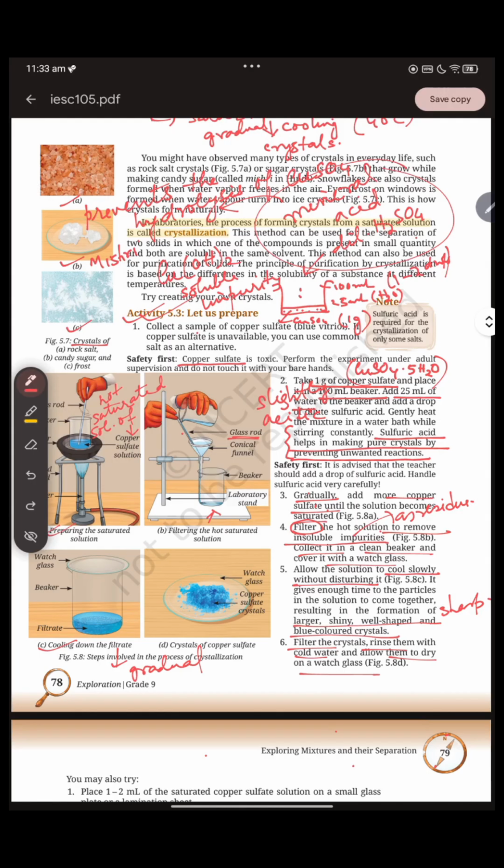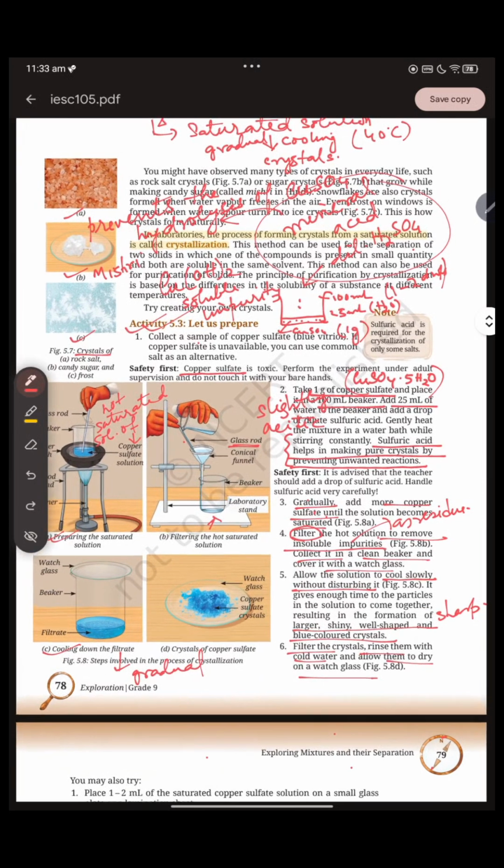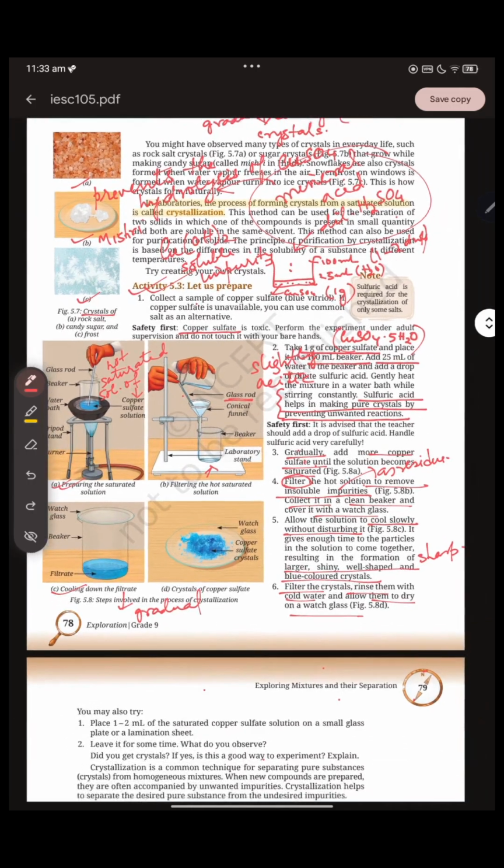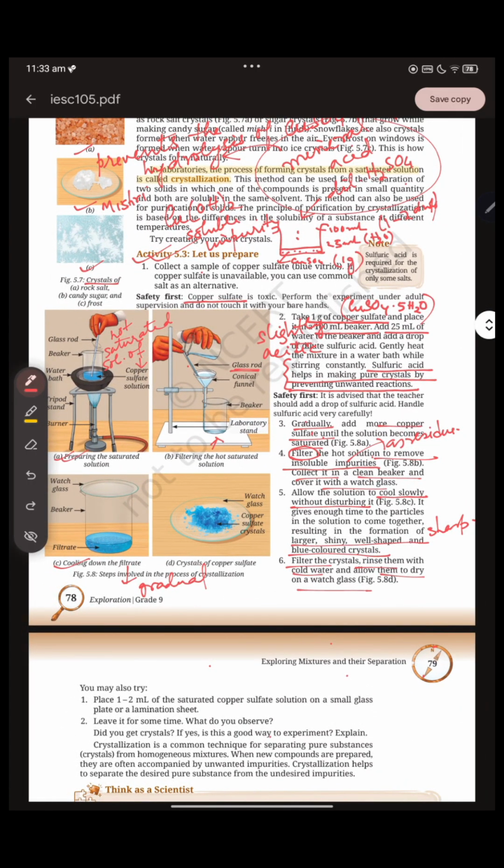Next, one more thing, you have to keep in mind that you have to prepare a hot saturated solution of copper sulfate which you are filtering to remove the unwanted insoluble impurity, and the soluble impurity can be removed by allowing the filtrate to cool gradually.